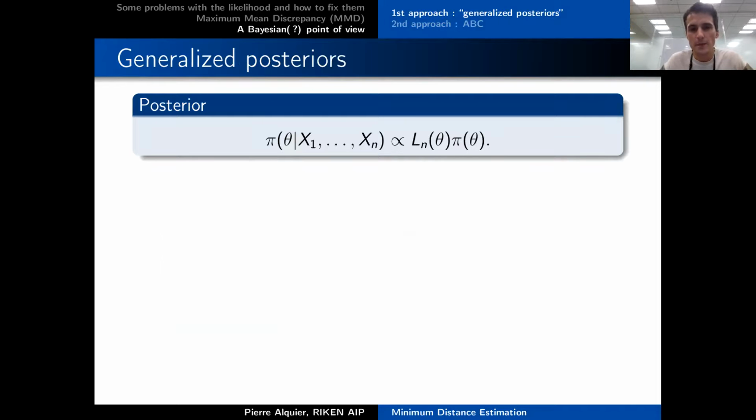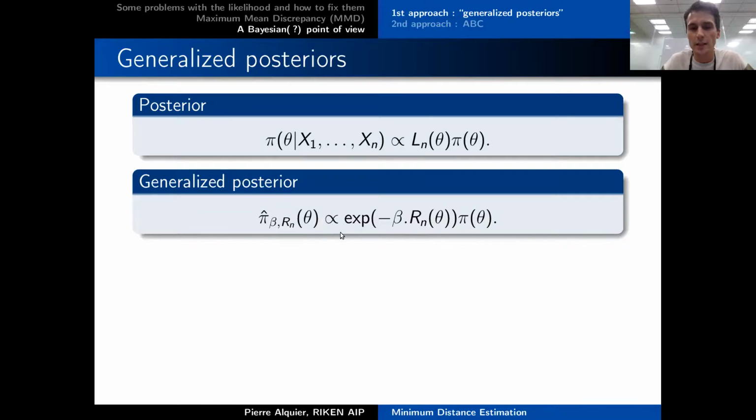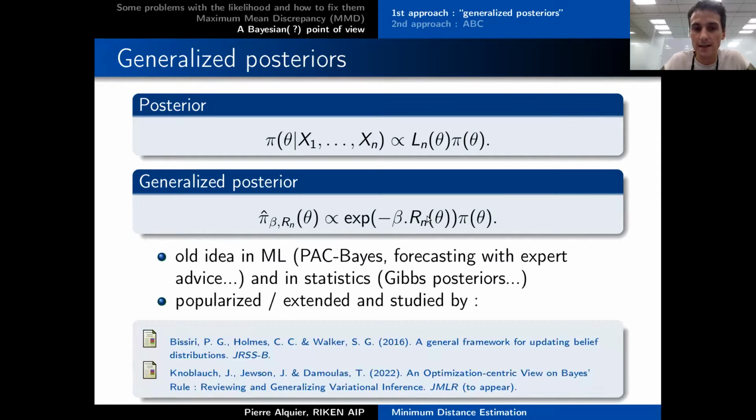One idea that I will just mention is to use a kind of generalized posterior, where you replace the log likelihood by a discrepancy function. This idea is popular in PAC-Bayes and in many fields, and these posteriors have been studied in many contexts.